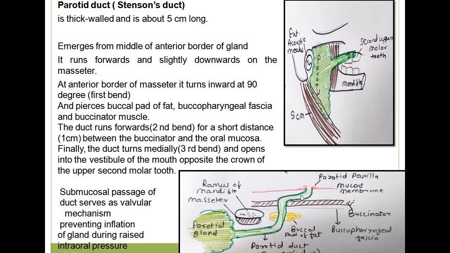So it turns again, and the third time it turns while opening in the vestibule of mouth opposite the crown of upper second molar tooth. Because of this tortuous course, or you can say its turning in direction, this submucosal passage of duct serve as a valvular mechanism and preventing inflation of gland during raised intraoral pressure.